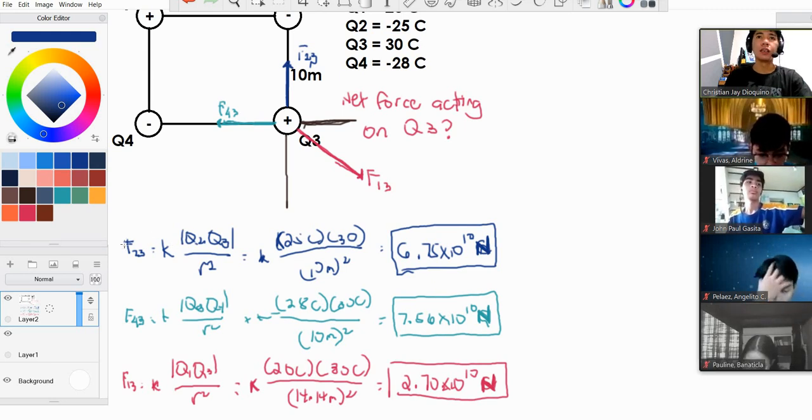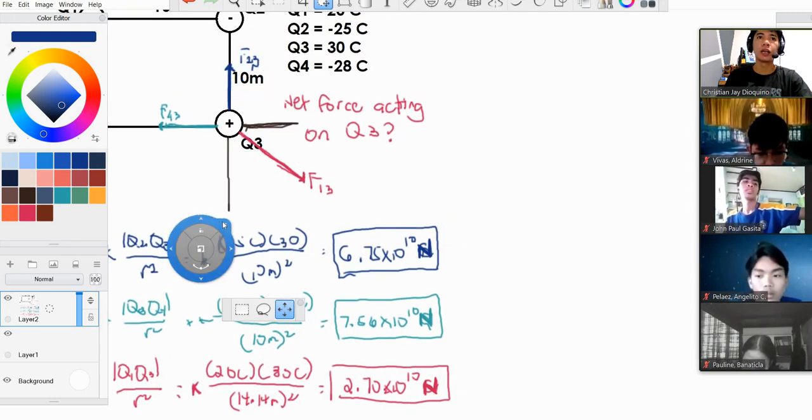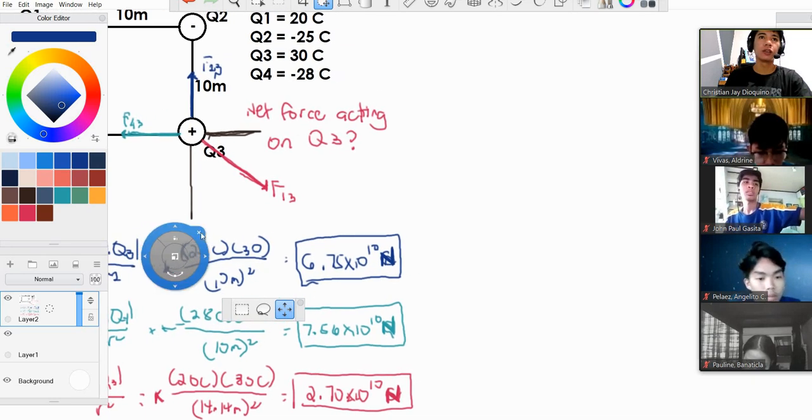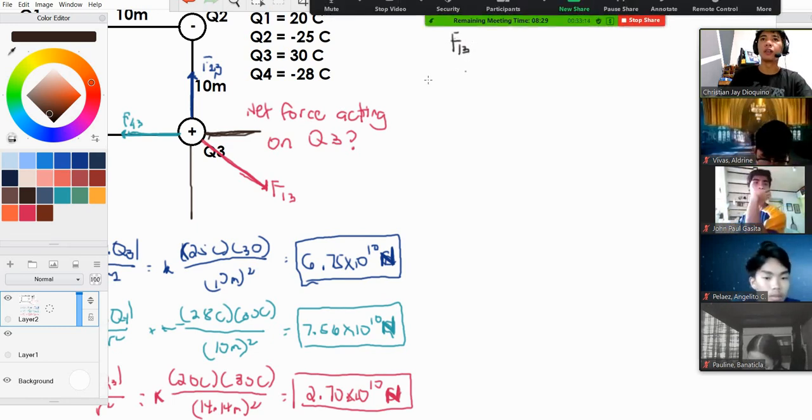So, next is to get, of course, the x and y component of the vector F13. Okay, so F13 lang tayo kasi siya lang naman yung may 2 dimension dito. So, let's have the x and y component of the F13. Okay, so we have F13.